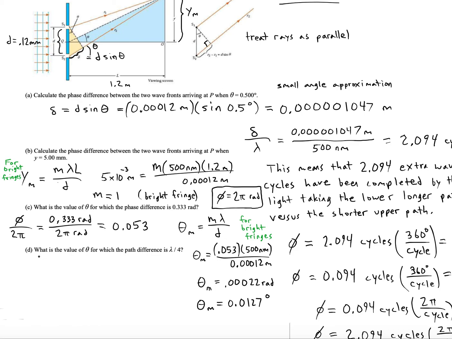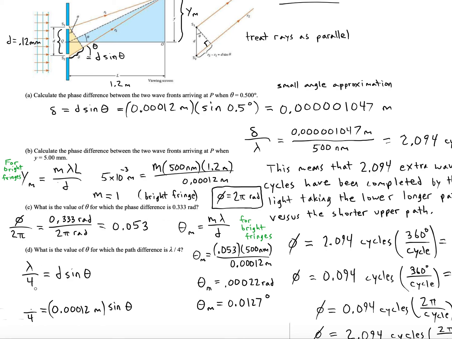Last question. What is the value of theta for which the path difference is 1/4 of a wavelength? Let's set lambda over 4 equal to d sine theta then. So we'll get this.